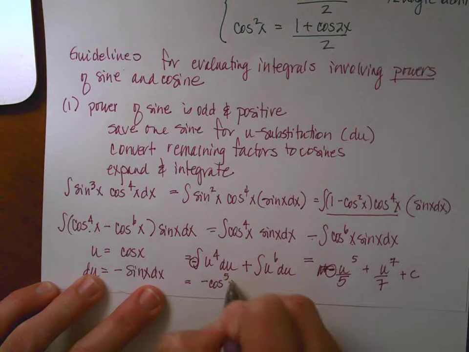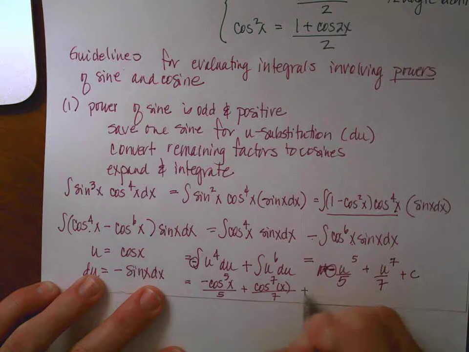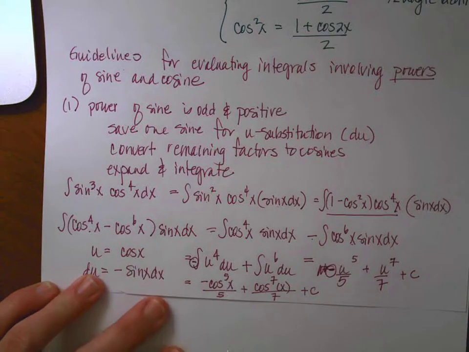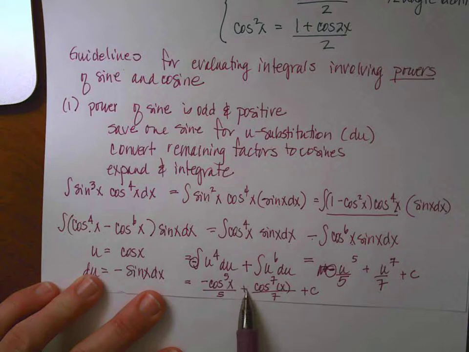So this is a negative cosine to the fifth of x over 5 plus the cosine to the seventh of x over 7 plus c. And then I would report my answer, the integral of f of x dx is equal to, and holy cow, from here to here.